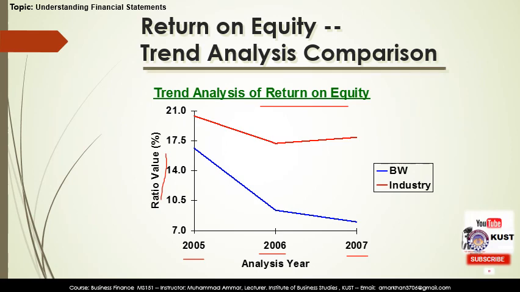We clearly see that the blue line is far below the red one. The red one shows the industry average and the blue one shows Basket Vendor. So in 2007, yes, there is a huge difference between the two.